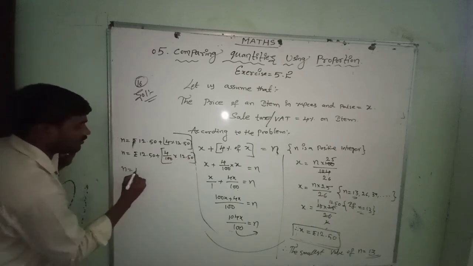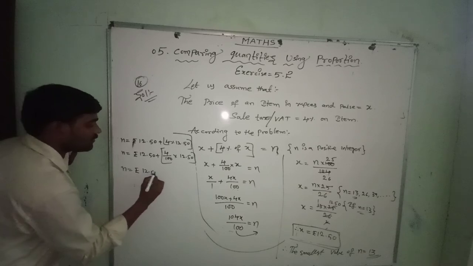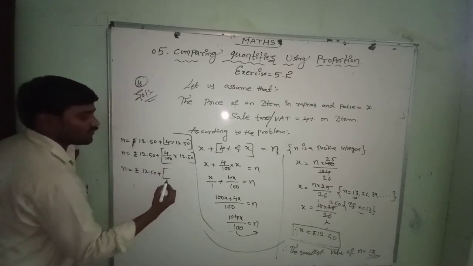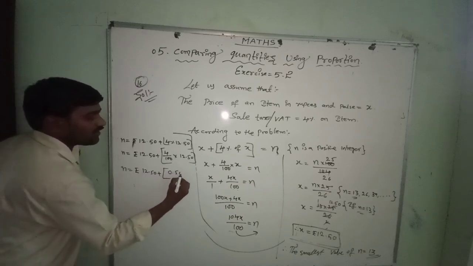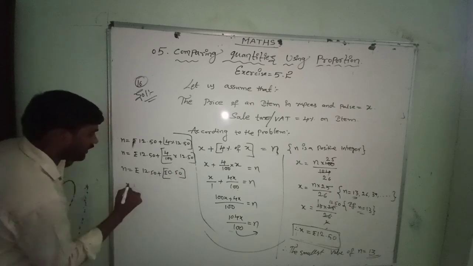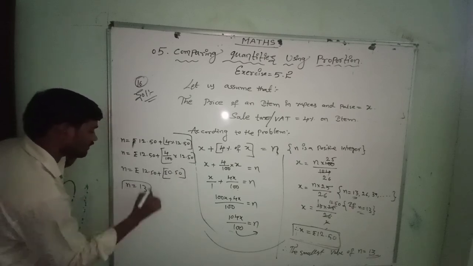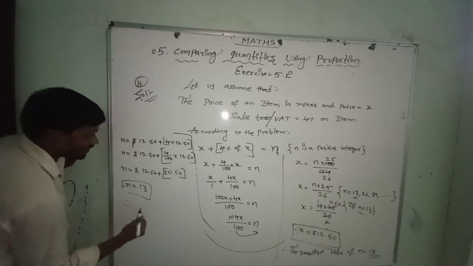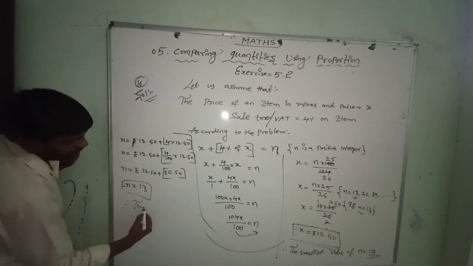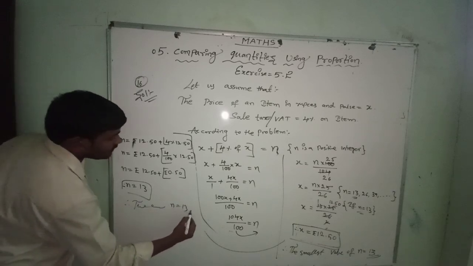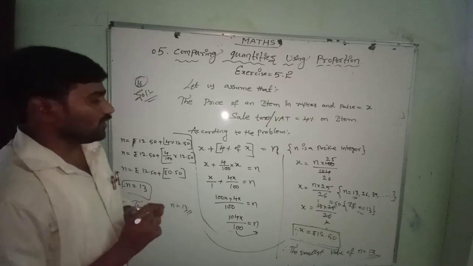Then n equal to 12 rupees 50 paisa plus, if you multiply, you get 50 paisa. Then n equal to 13 rupees. Therefore, the smallest value of n equals 13 rupees. I hope you understood this.